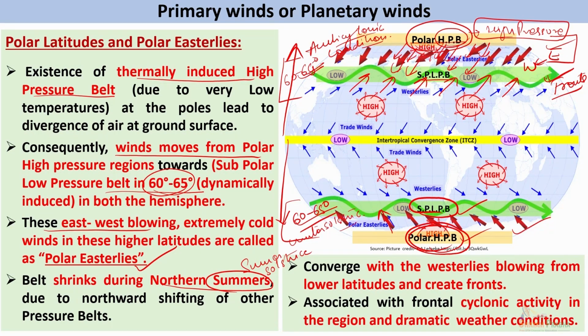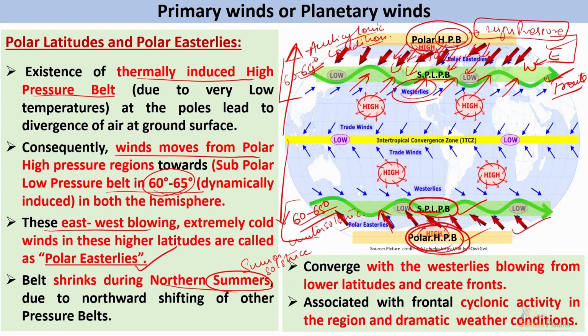This is because of the convergence of contrasting air masses, where one air mass is very cold, coming from the polar high pressure belt regions, and the other air mass is comparatively warmer, which comes from the lower tropical areas. Therefore, the convergence of both these winds, which vary tremendously in their characteristics, leads to the formation of fronts and extensive weather systems in the form of temperate cyclones along the temperate regions of the world.